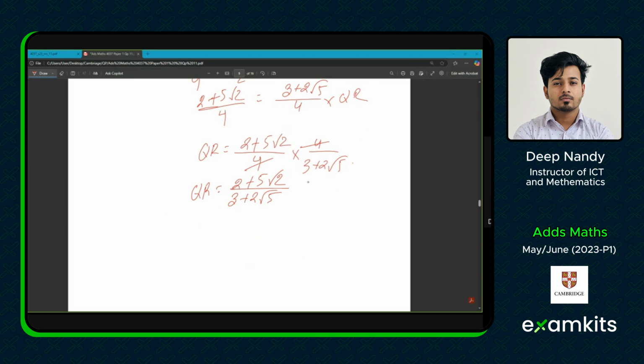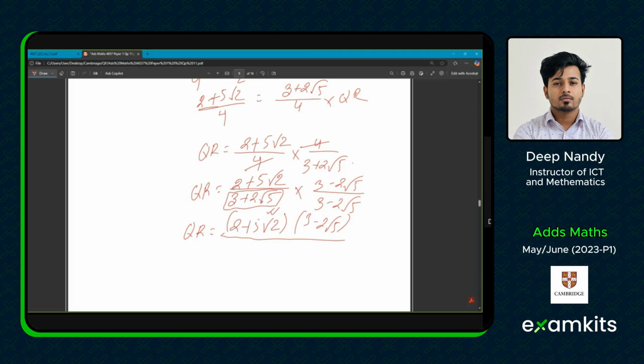So we are going to take the conjugate pair of the denominator, which is 3 minus 2 root 5. So (2 plus 5 root 2) times (3 minus 2 root 5) divided by (3 plus 2 root 5)(3 minus 2 root 5), which is in a square minus b square form.